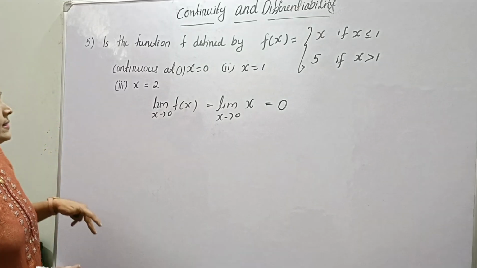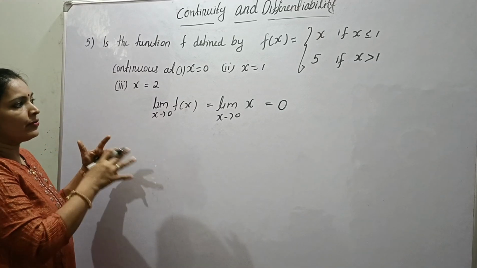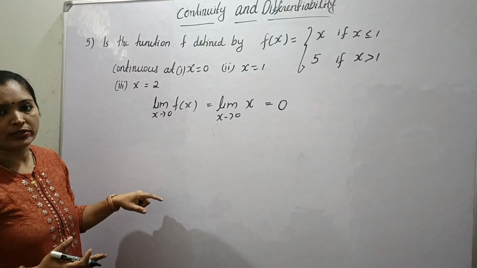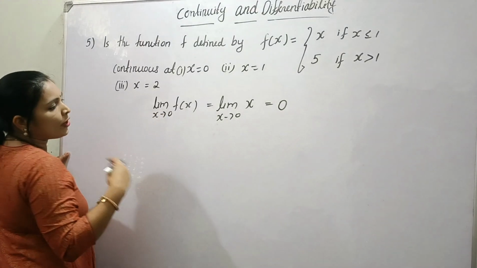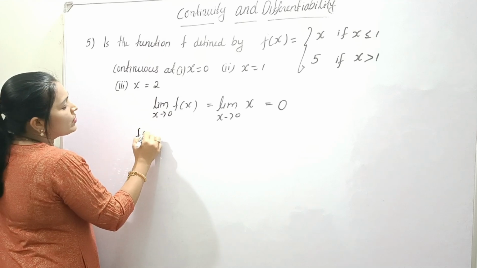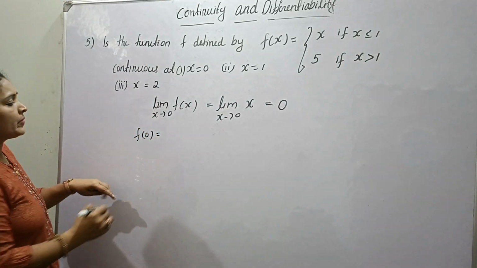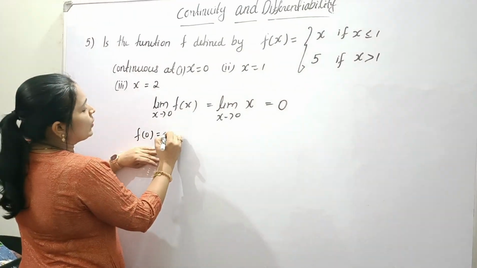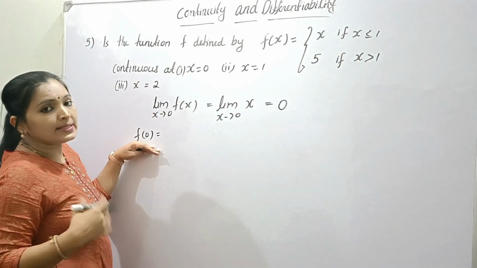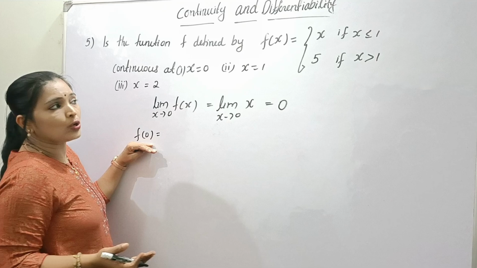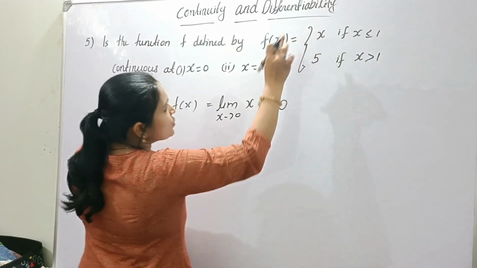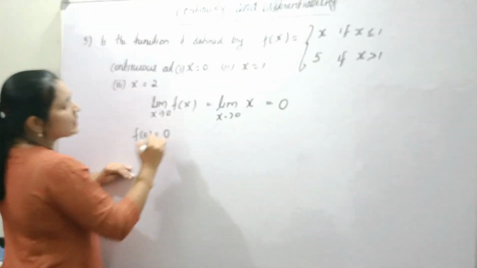Okay, next, first of all we are checking whether this function is continuous at x is equal to 0 or not. So for that, according to the definition of the continuous function, we need to find f of 0, the value of the function. So f of 0: when x is 0, the function is x, right? So f of 0 is nothing but 0.